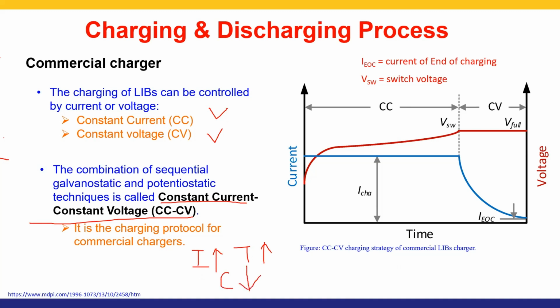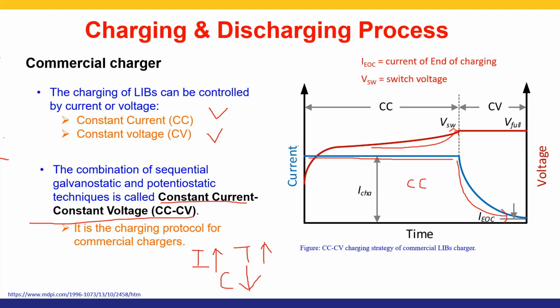And therefore, we should apply a constant current to charge the battery in the beginning to control the C rate of the battery. And then the voltage will increase up to the theoretical cell voltage. So once the cell potential has reached the theoretical cell voltage, we say that the battery is fully charged. And therefore, the current will drop very fast because no more lithium ions can be transported within the battery.